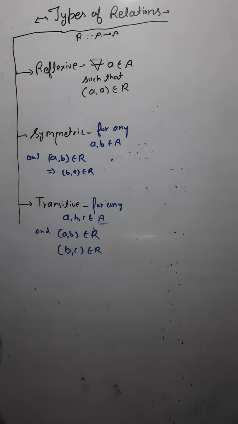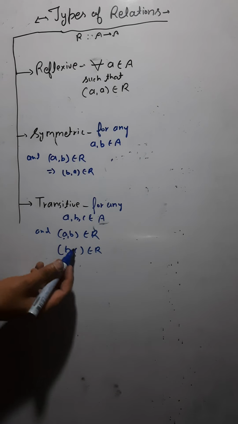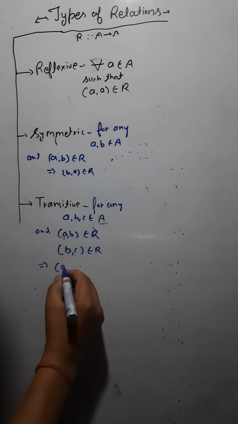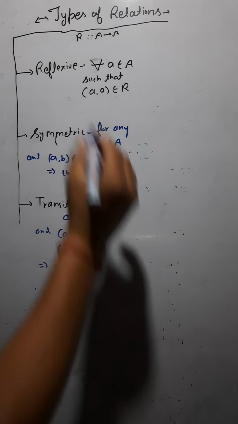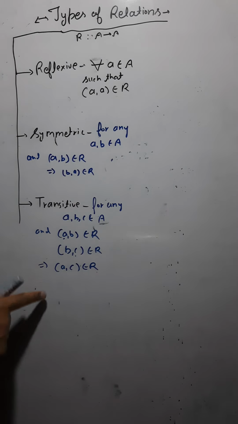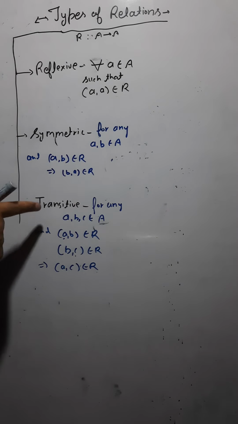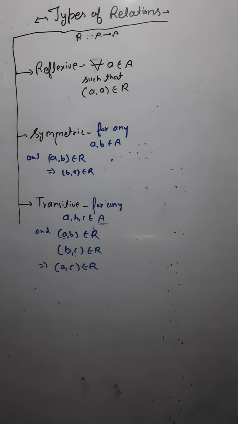Then it implies what? It implies the first and the third, means A comma C is also there in R. Then only you would call such relation as the transitive relation.